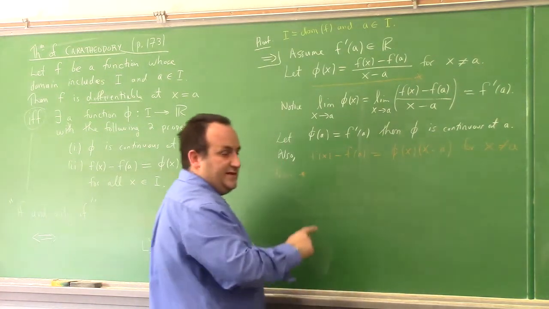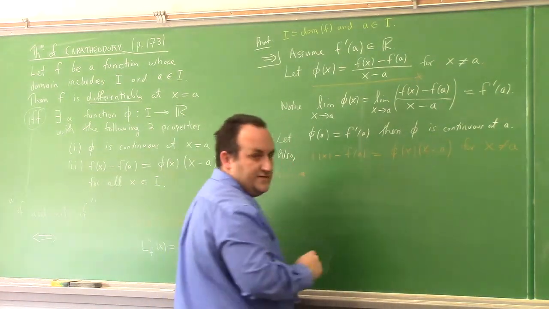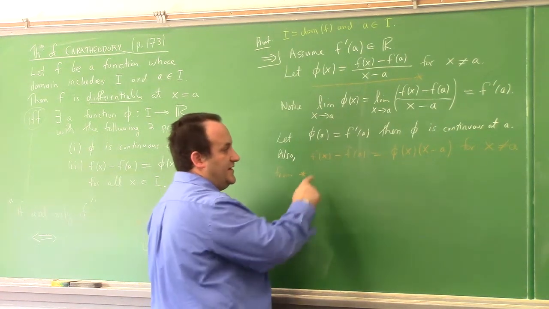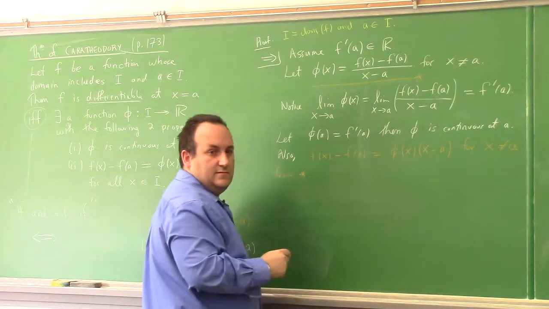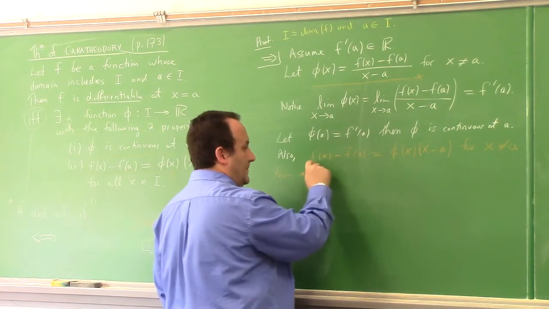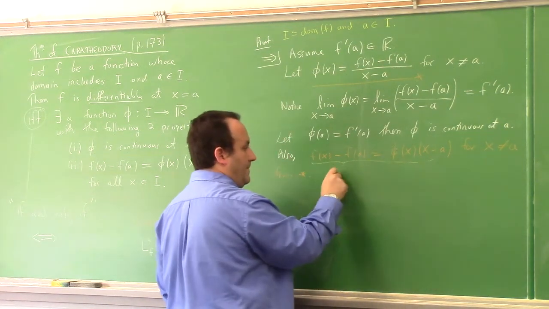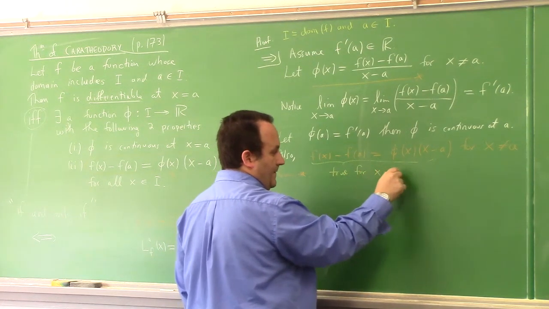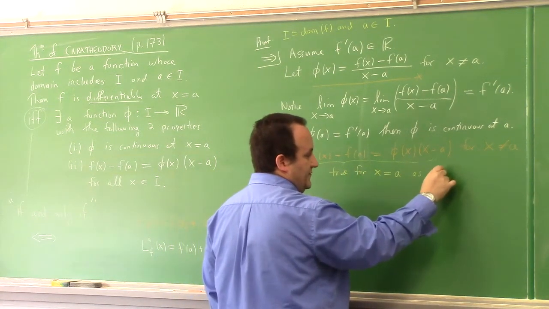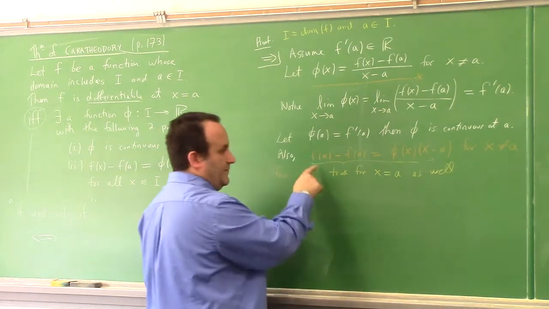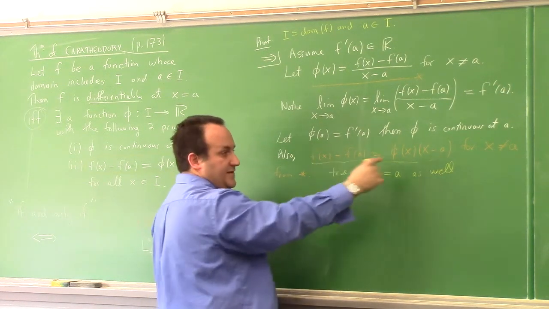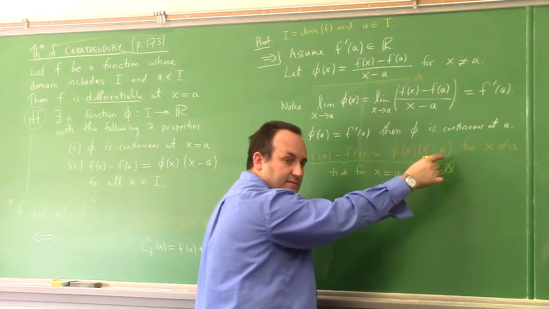How about x equals a? Is this equation true for x equals a? What happens when we put in x equals a here? If I put x equals a, I get 0 on the left-hand side and 0 on the right-hand side.